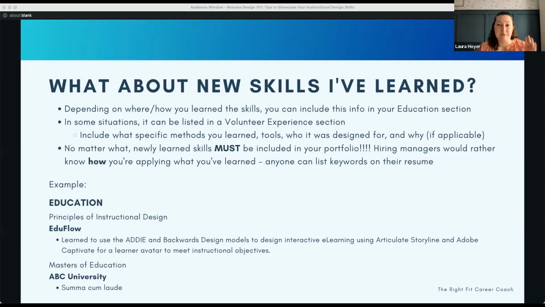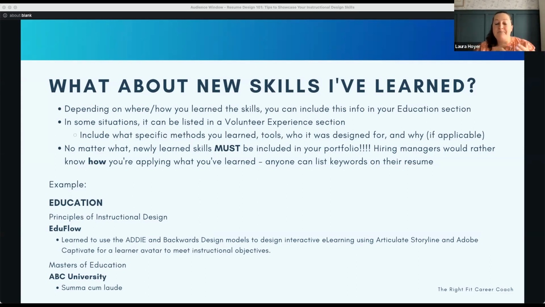So now, depending on where or how you learn the skills, for example, if you're currently in an Eduflow course, that is a place that you can include information about skills that you've learned in your education section, because it is educating you on the field and important skills relevant to the job. In some situations, it can be listed as a volunteer experience in your volunteer experience section. You may not already have one, but you may need to add one.